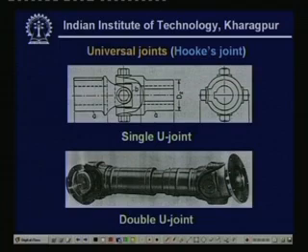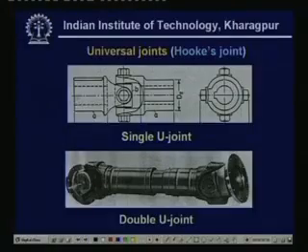This is also sometimes called Hooke's joint. It was proposed by Hooke, but the entire analysis was done by Cardan much later. So sometimes you can hear the name Cardan joint also. The basic analysis was done by Cardan, although it was made for the first time by Robert Hooke.